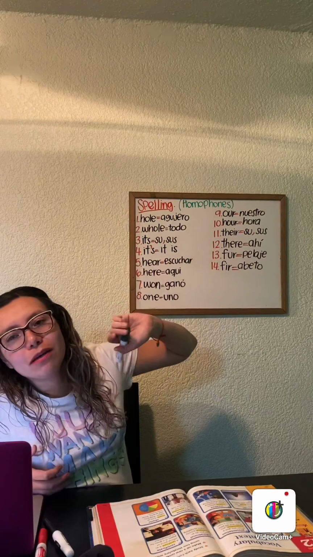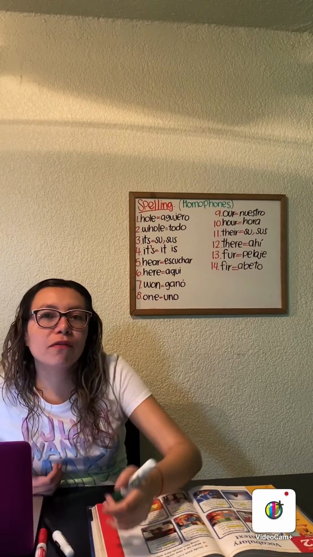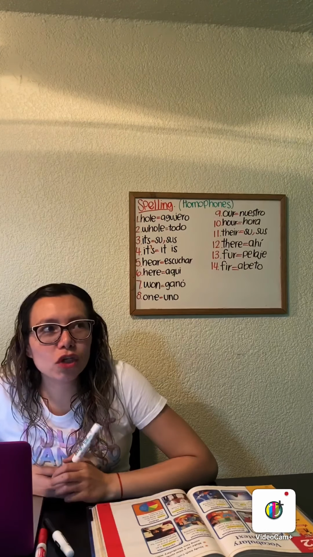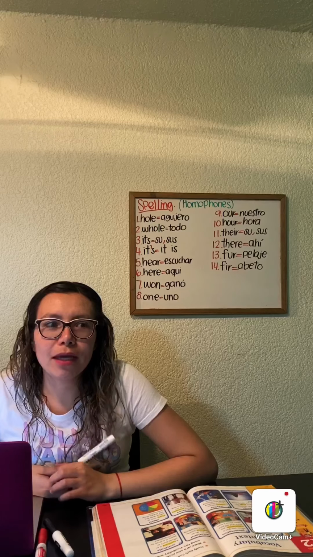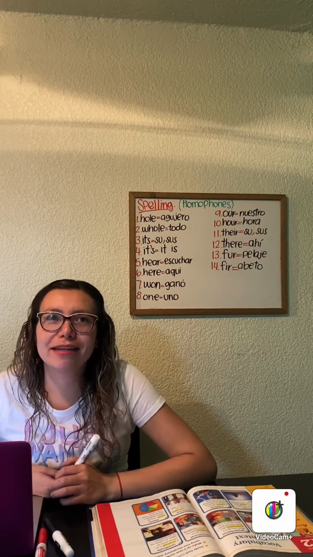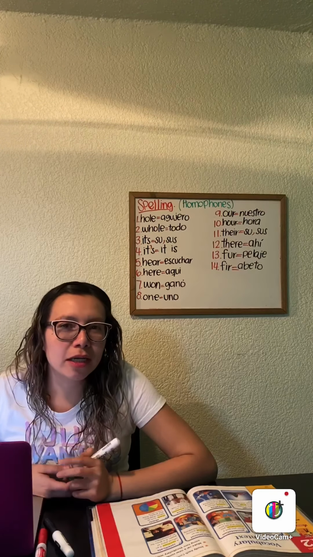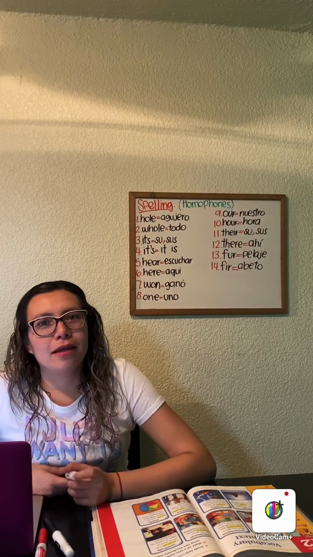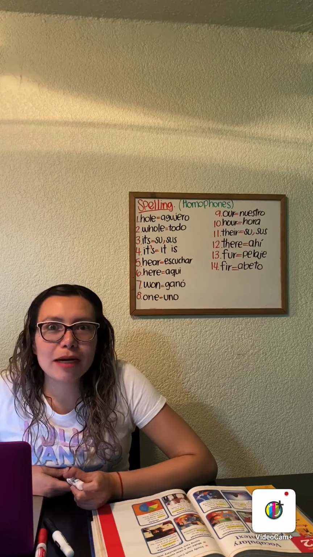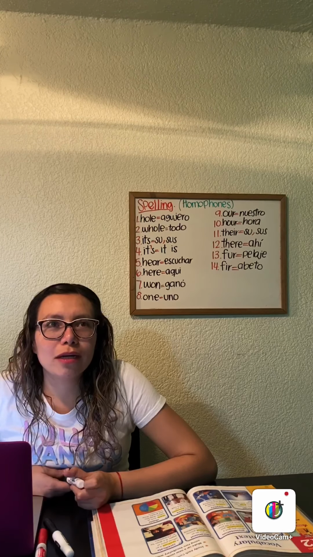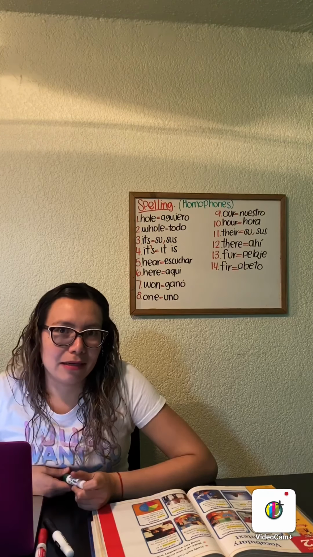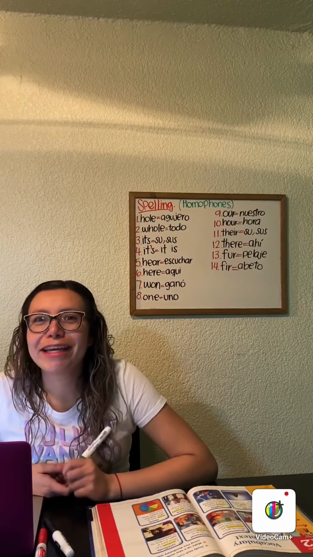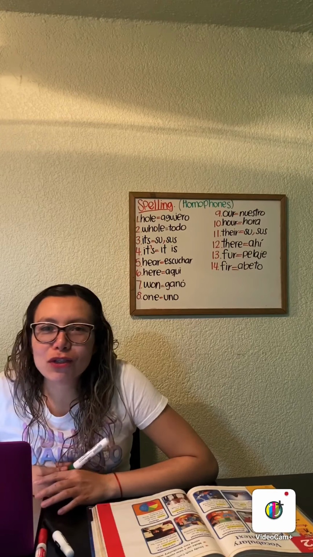Today with spelling we are gonna see the homophones. What is a homophone? Homophones are the words that sound similar, but they have different meanings and different spelling. Homophones son las palabras que suenan muy similar, se escriben muy diferente y significan algo totalmente diferente.